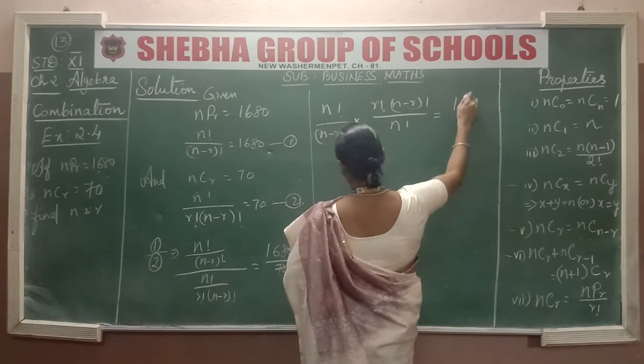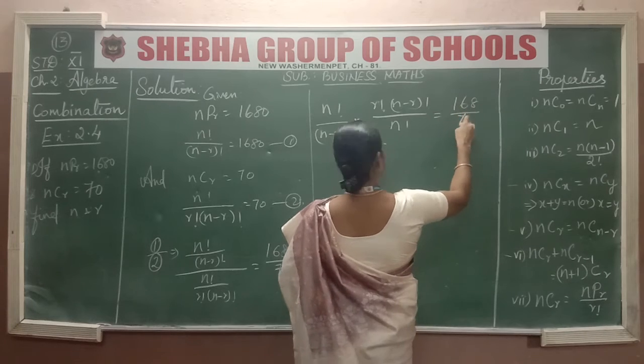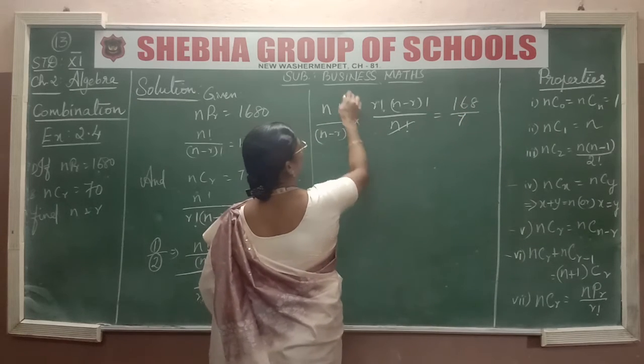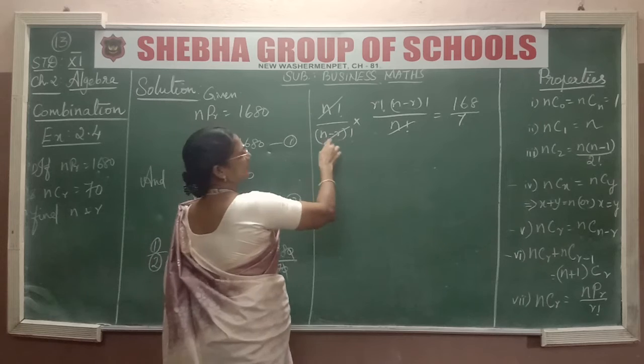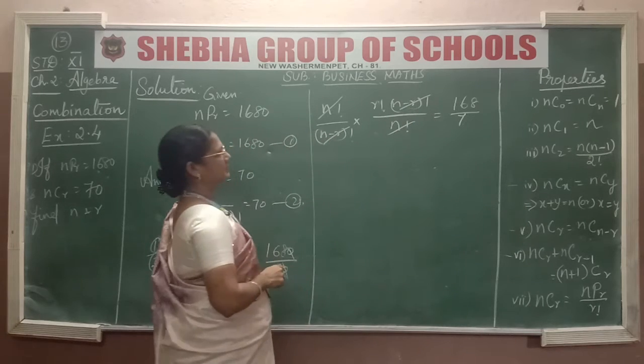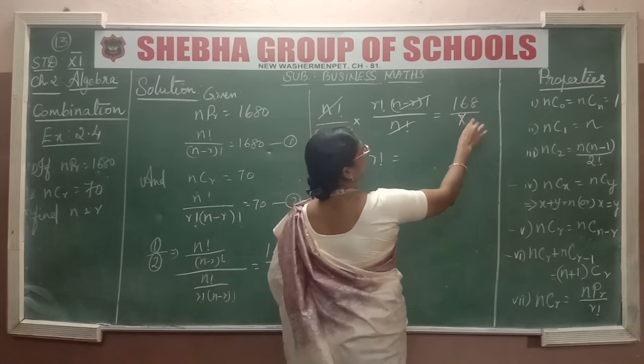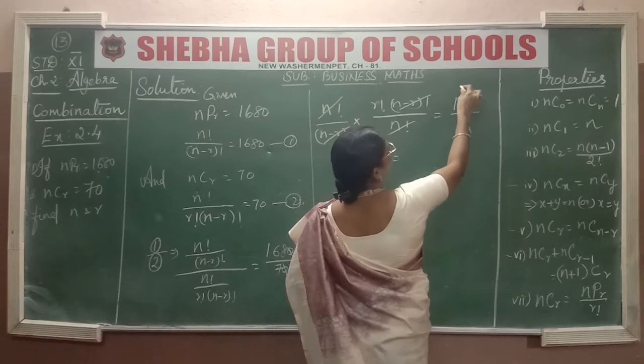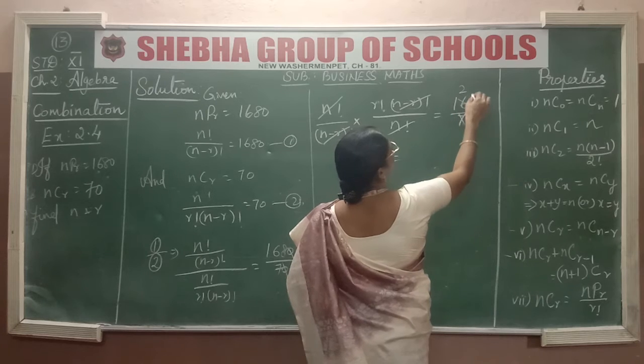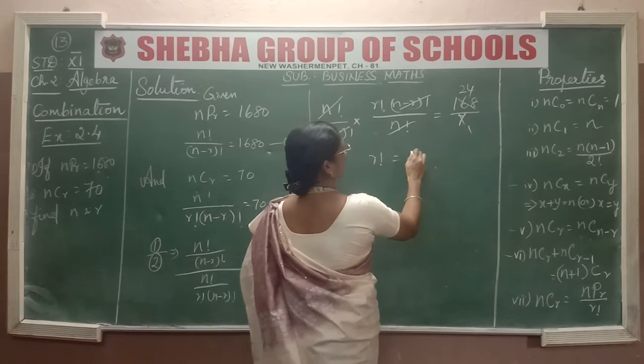Our right hand side is 168 by 7. Listen, n factorial gets cancelled. Similarly, n minus r factorial gets cancelled. We get r factorial equal to, dividing by 7, 24.